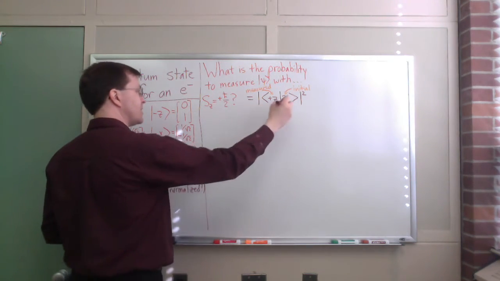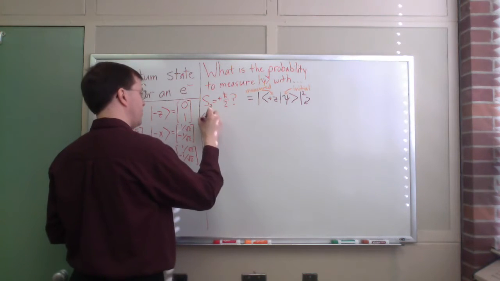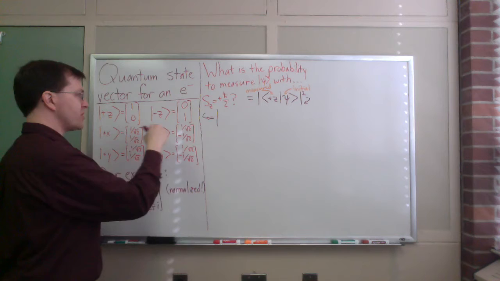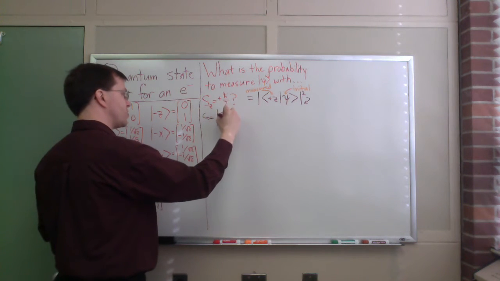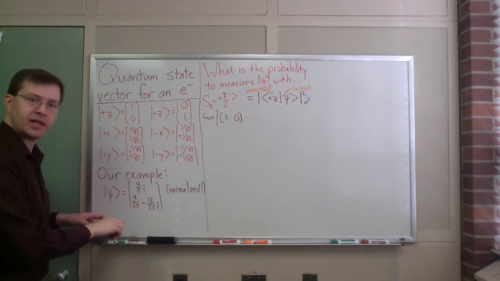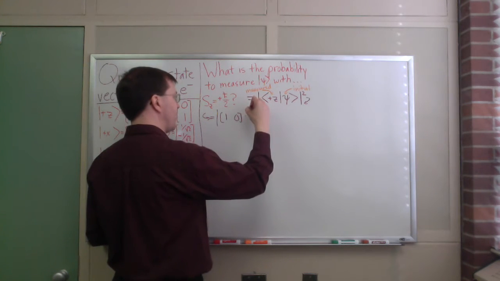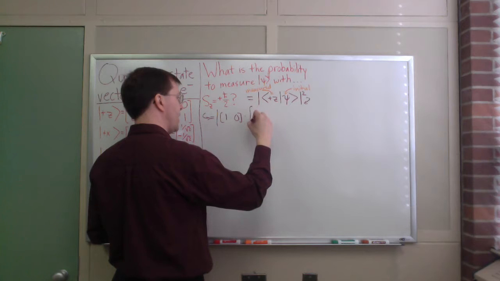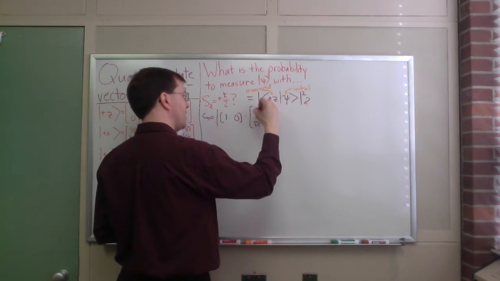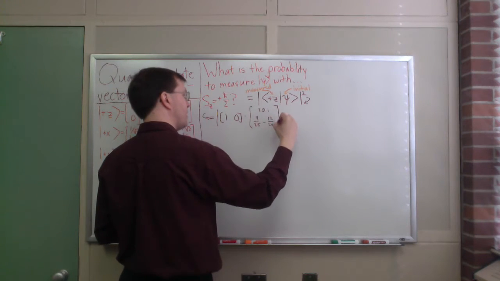This is equal to the absolute square of the plus z bra, which is just the conjugate transpose of this. That means it's 1, 0, times my ket vector down here. Why did I give myself a ket vector that was such a pain to write? 9/25 minus 12/25 i and 4/5 i up here.